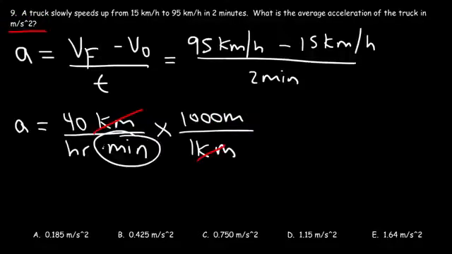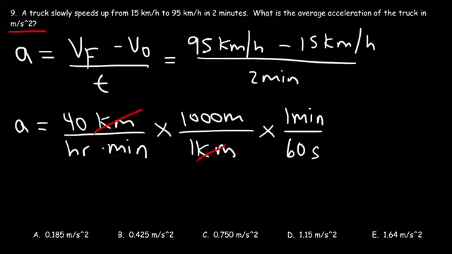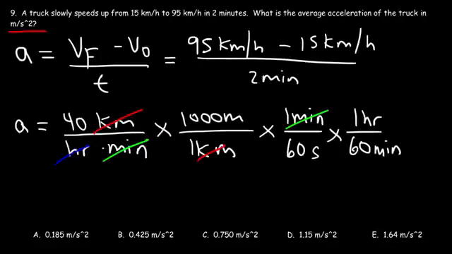So let's start with minutes. 1 minute is equal to 60 seconds. So this unit is gone. Now the last thing we need to do is convert hours into seconds. So 1 hour is 60 minutes. And finally, 1 minute is 60 seconds.